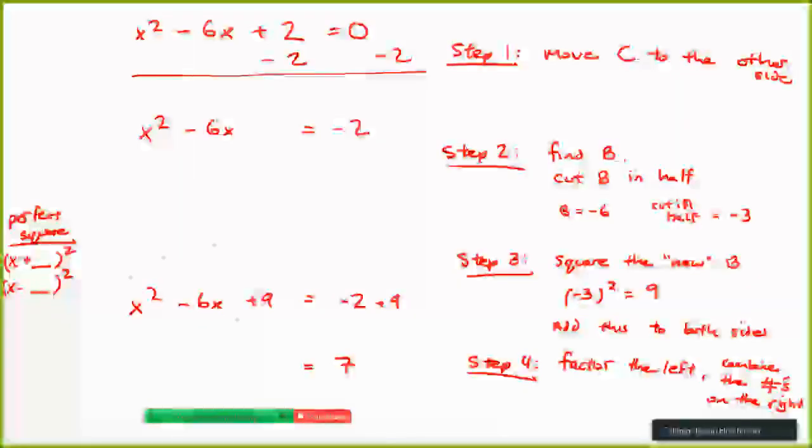We have that going on with our quadratic, x squared minus 6x plus 9. We actually made it that way by doing these steps, step 2 and step 3, when we cut in half and then we squared it and then we added it to both sides. So we've just forced this thing to be a square, and that's why this is called completing the square.